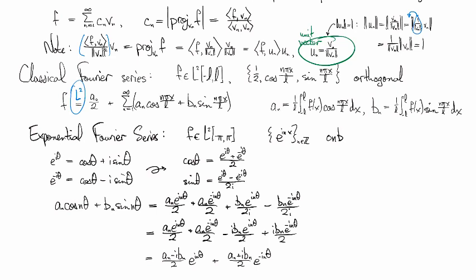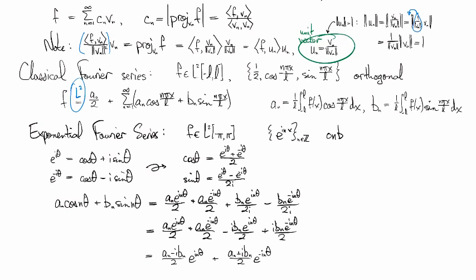So I've converted now my a_n and b_n's from coefficients of sine and cosine into being coefficients for the positive and negative exponential.